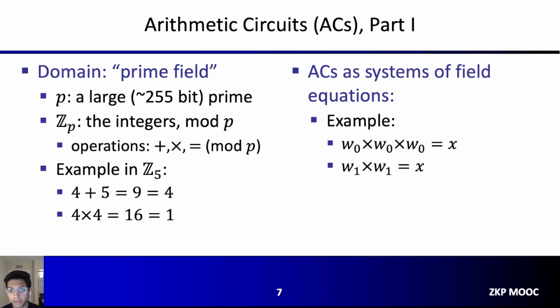I just multiply it by itself. So I'm squaring the second one, W1. And again, I want to check that it equals the public input. You can basically express any polynomial over the field as an arithmetic circuit. I just talked about multiplications, but you can also throw in an addition there.